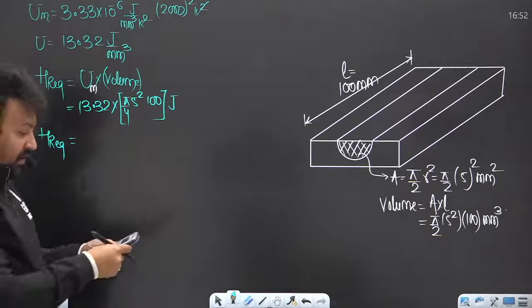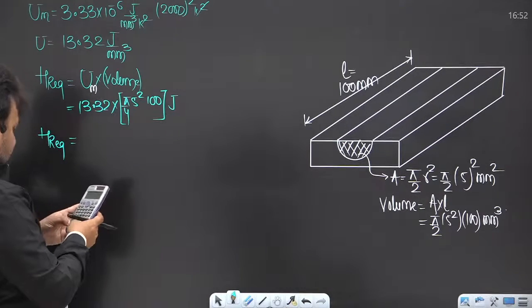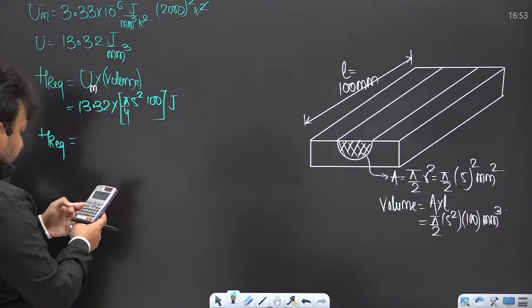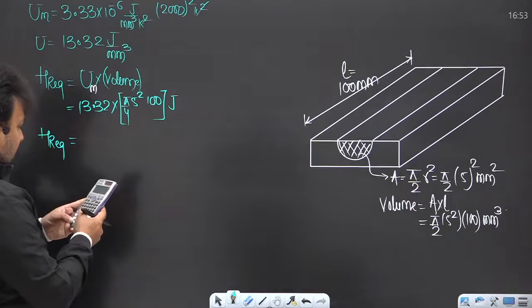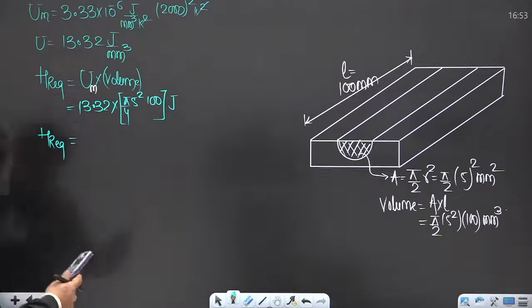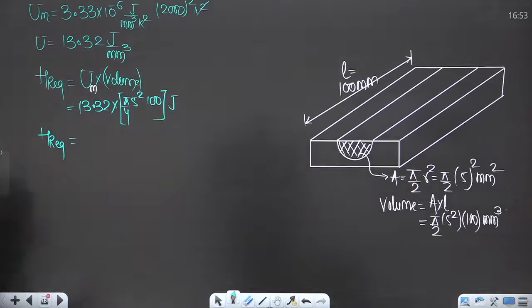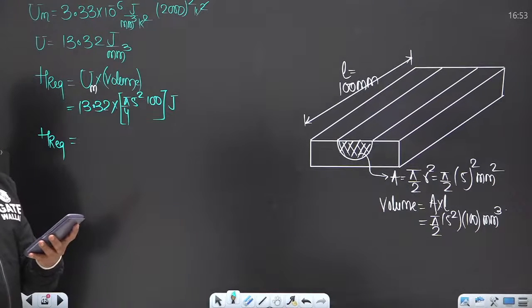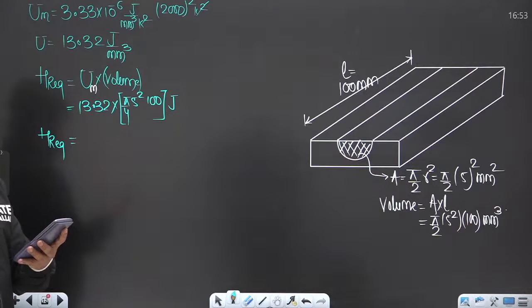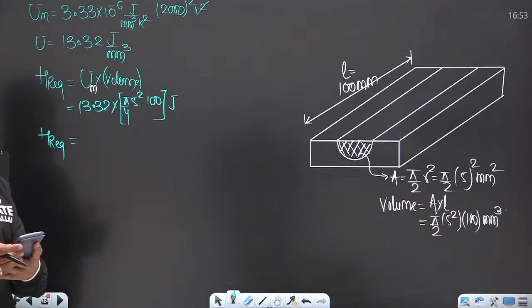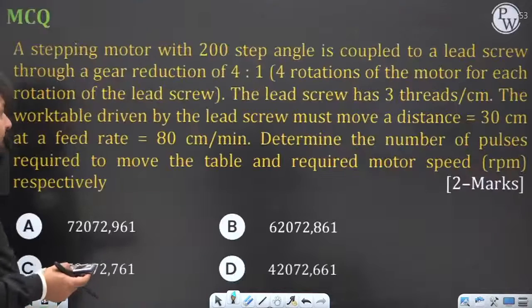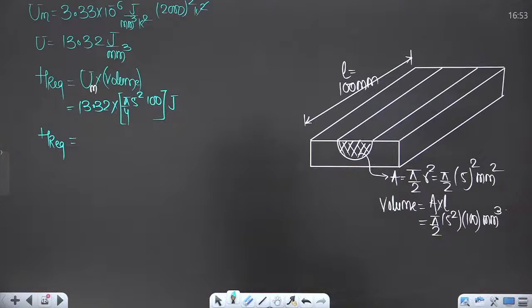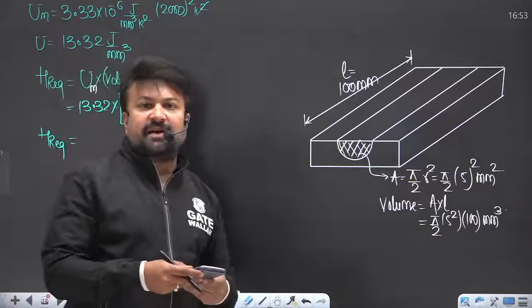So it will be 13.32 into pi by 2 into 5 square into 100. I hope the concept is clear. I hope the concept is a little bit clear.